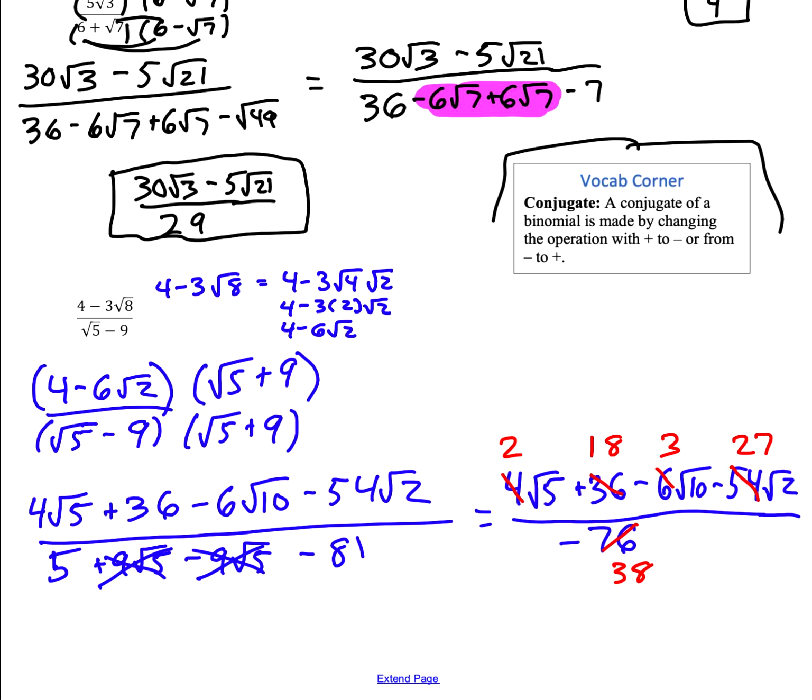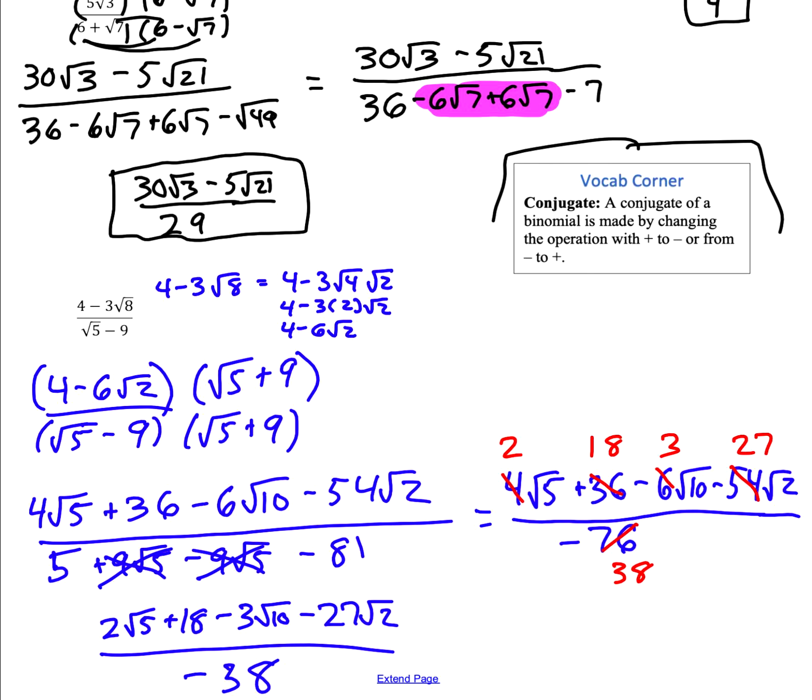So I'm going to rewrite that. We'll have 2 radical 5 plus 18 minus 3 radical 10 minus 27 radical 2 all over negative 38.